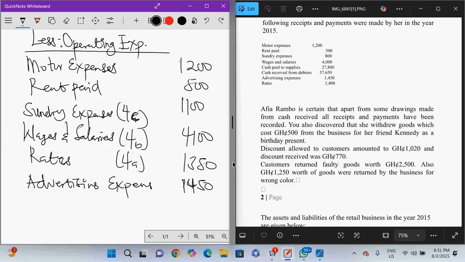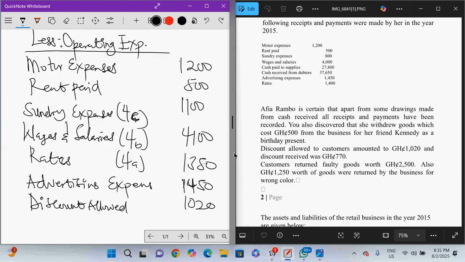Yes. What else? Discount allowed. Discount allowed is 1020, right? Yeah. And then what else?